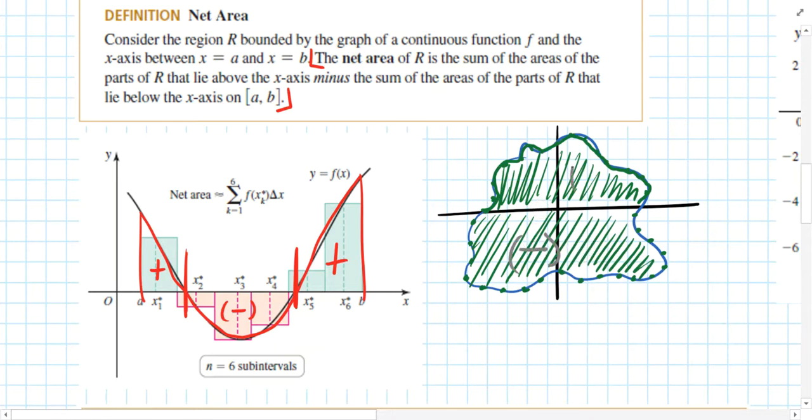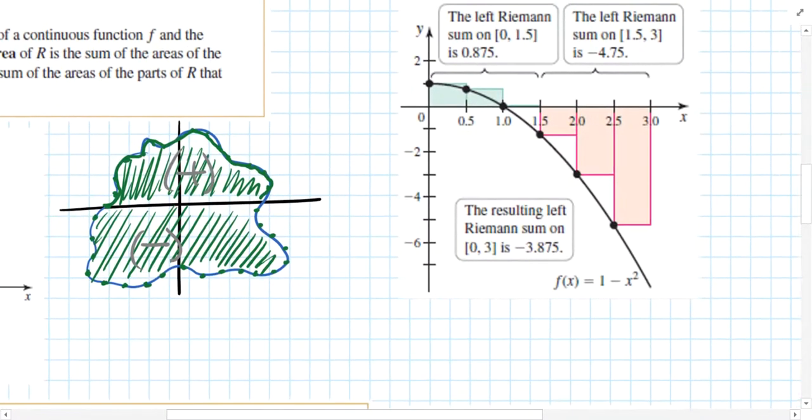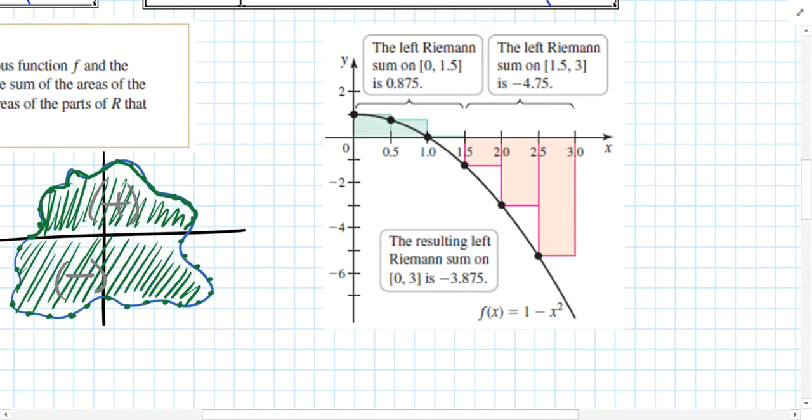Clearly we want the total area, not just the area above the x-axis, but the area below the x-axis counted as whole as well. And so we would use this trick to correctly identify the total area associated with this particular shape, even though some of it lies above and some of it lies below the x-axis.